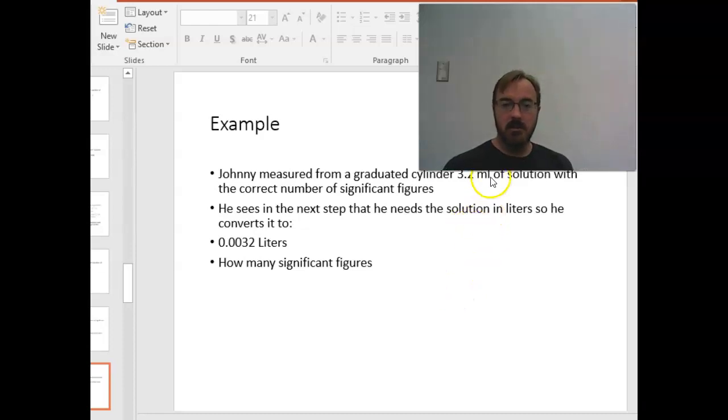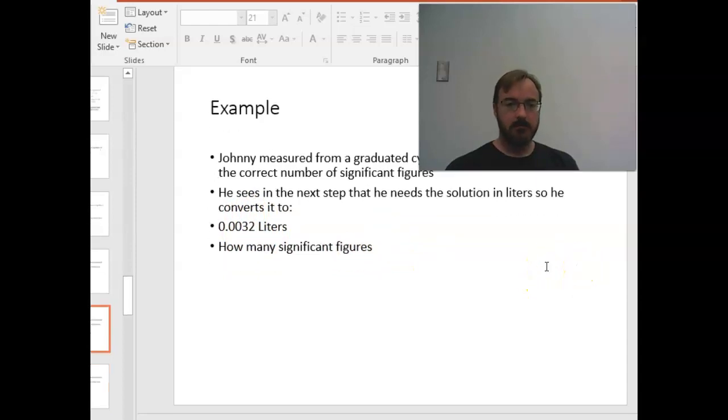And the way you get liters from milliliters is you just divide by 1,000, okay? And that's an exact number, that's a definition, and so we just move that decimal point over 3 places, 1, 2, 3. How many significant figures do I have on this number? Okay. Hopefully you can see I still just have 2 sig figs. Okay.